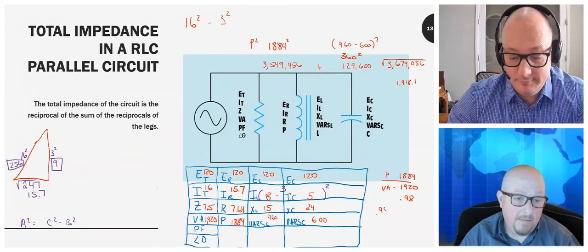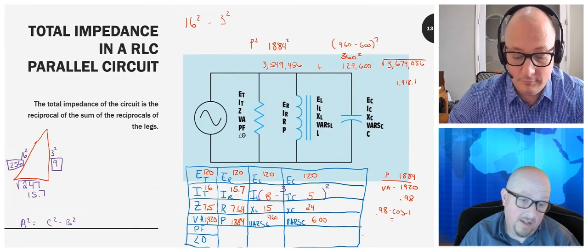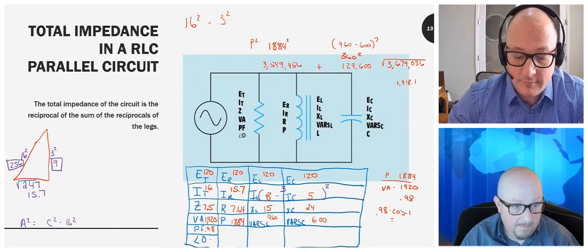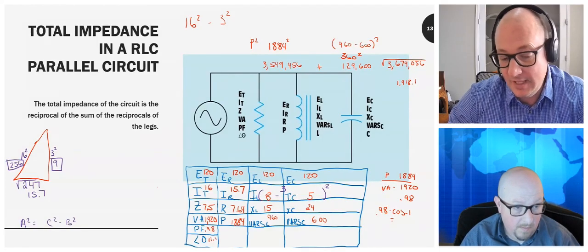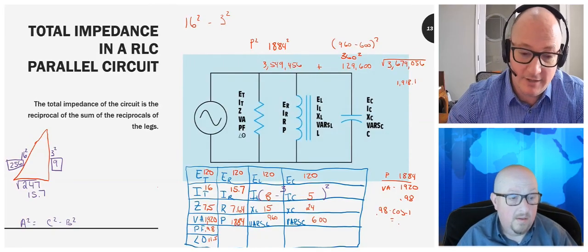Then I take my 0.98, because it's a decimal, and do inverse cosine, and that gives me 11.5 degrees. That's a pretty good power factor compared to what we've been dealing with. Yeah, a lot closer to zero.